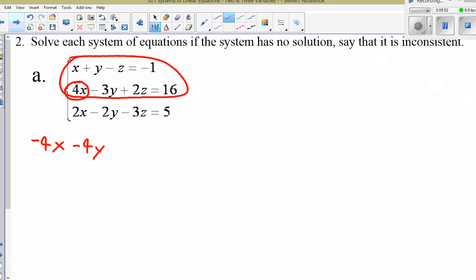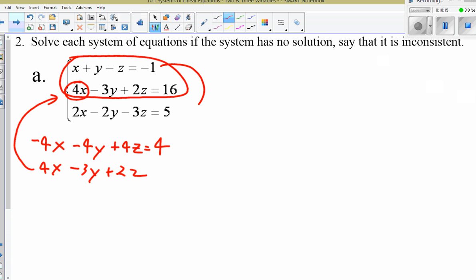Negative times a negative is plus 4z equals 4. So at this point, I'm going to add it to my 4x minus 3y plus 2z, and that's just coming from here. And this is coming from, I multiplied it times -4, and that's what I got here.